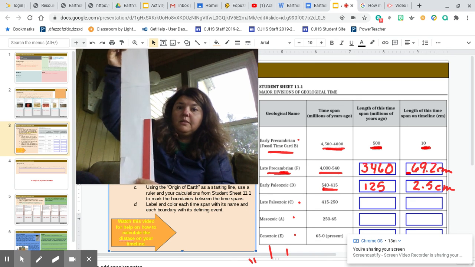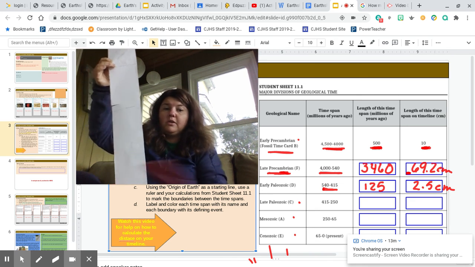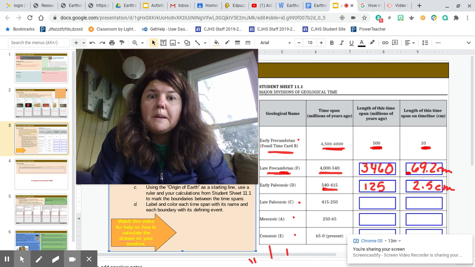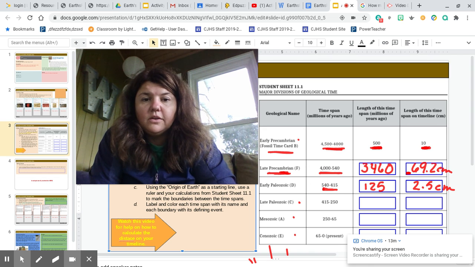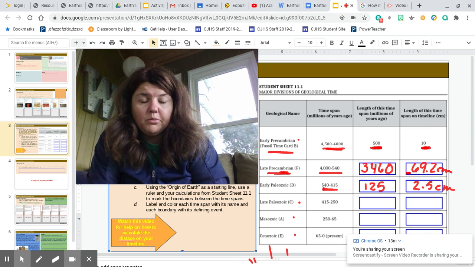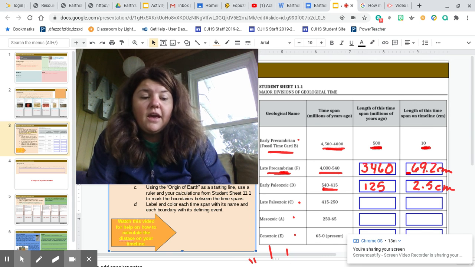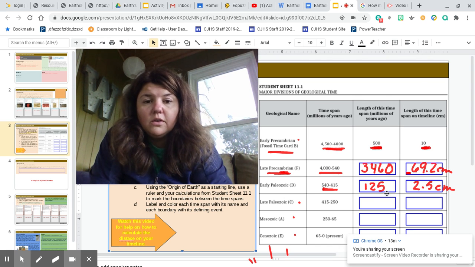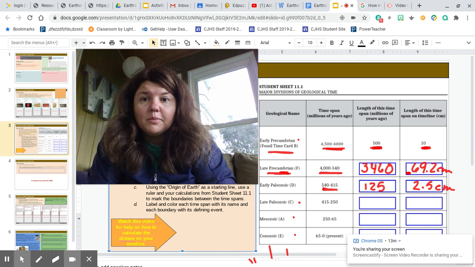I need to go 9.2 more centimeters before I mark that off. So this is going to be late Precambrian. It's going to be much longer than the early Precambrian. And of course, you're going to label the late Precambrian and shade that one in. After you're done with that, you're going to move on and finish out the other geologic time events, so that they'll all be labeled on your timeline.